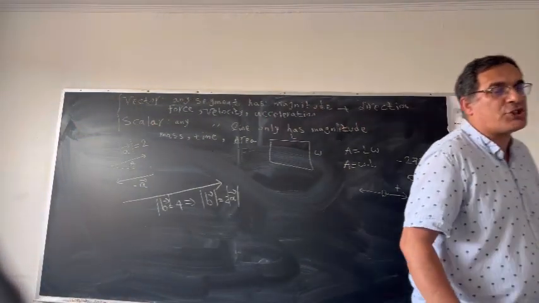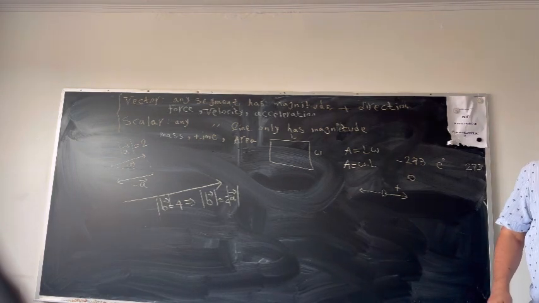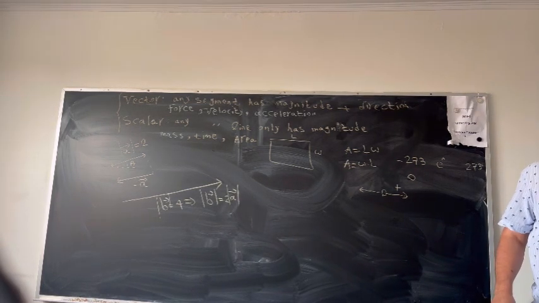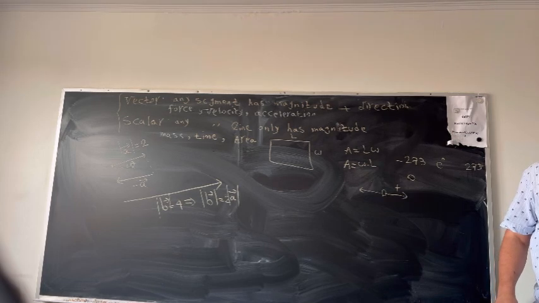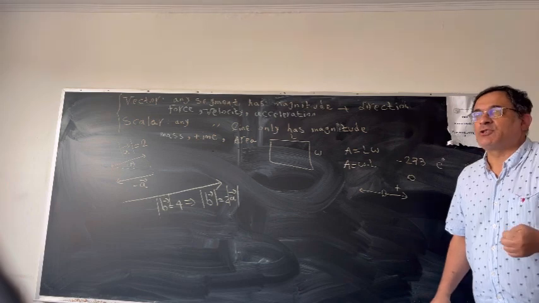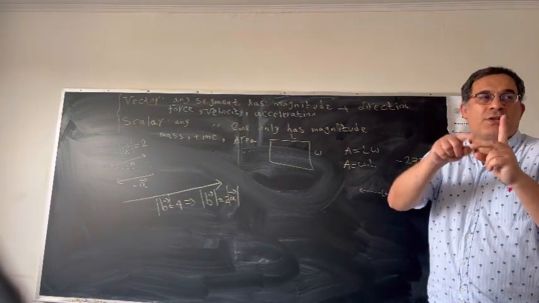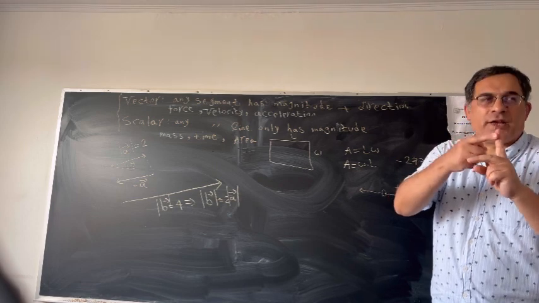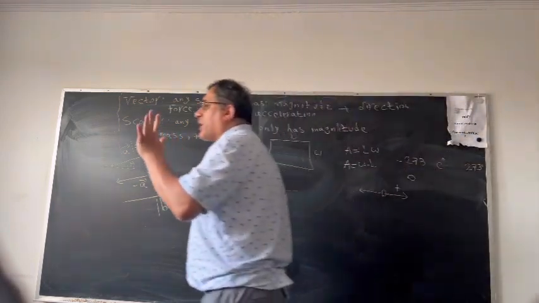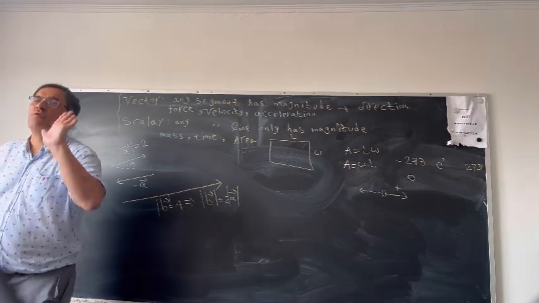And one more thing is resolution: resolution of one vector in terms of 2 vectors, the X component and the Y component. First, we talk about addition, the resultant or sum vector.